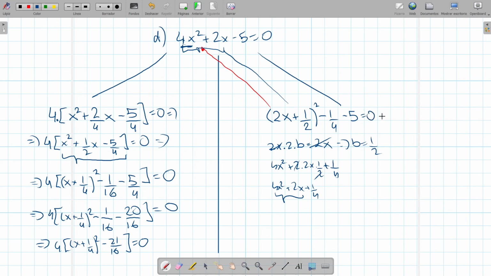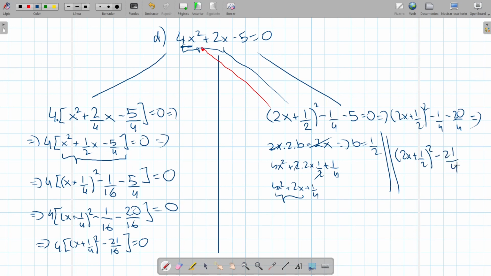So that would be 2x plus 1/2 squared, and then we have minus 1/4 minus 20/4. So we have this, and then that's 2x plus 1/2 squared minus 21/4.